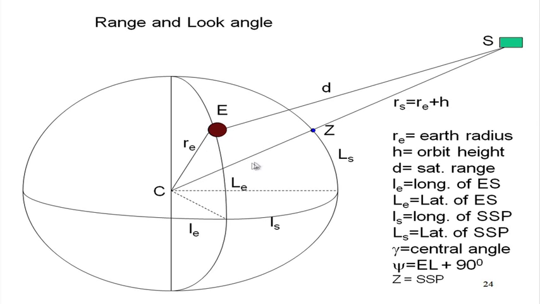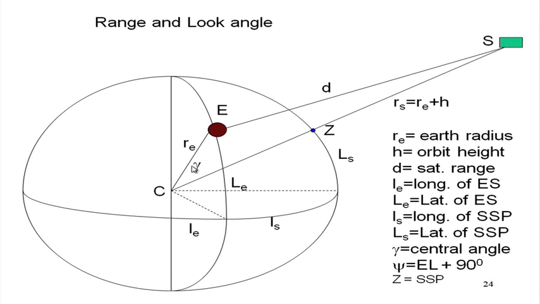Now, in this process we have created a triangle, that is C, E and S, from where we can find out what is the distance d, that is our target for calculation. In this triangle C, E and S, we must have some angles defined inside.